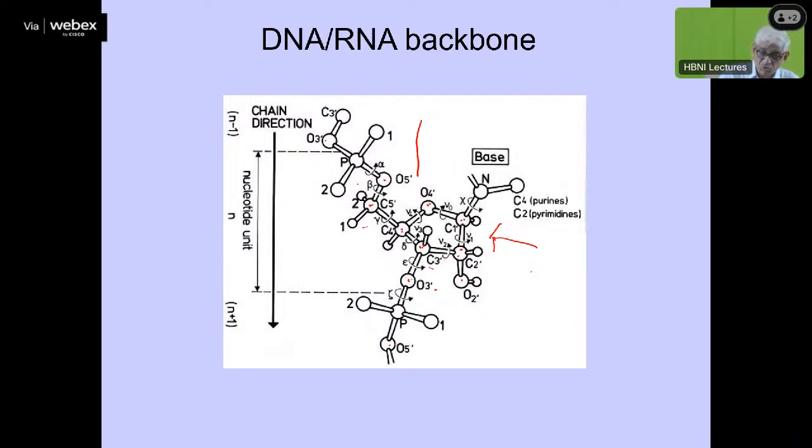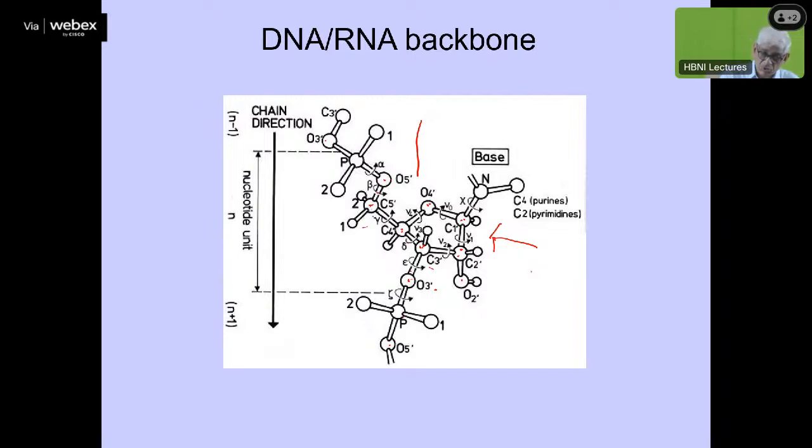In this one, I have also indicated all the various torsion angles. You have the alpha, beta, gamma, delta, epsilon, xi. These are the so-called torsion angles, and this will come in the next one or two slides also.